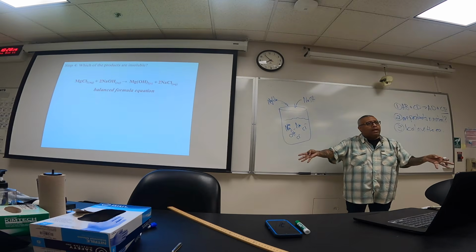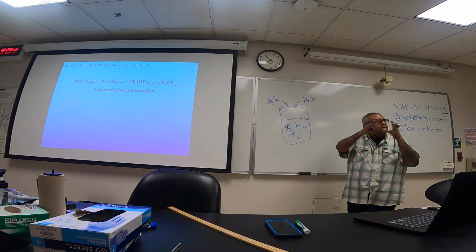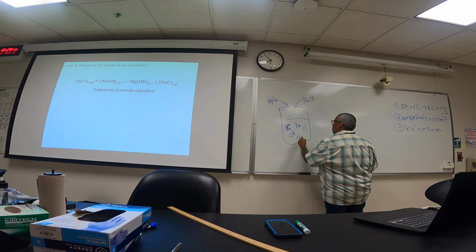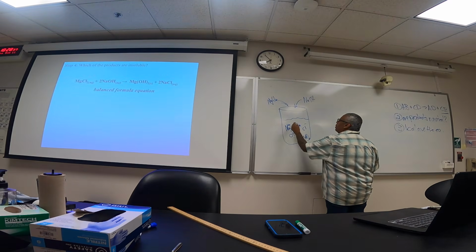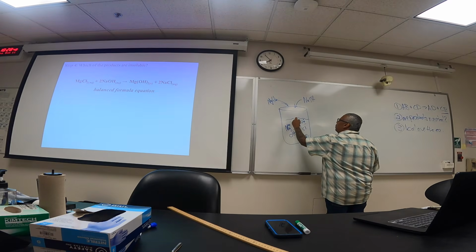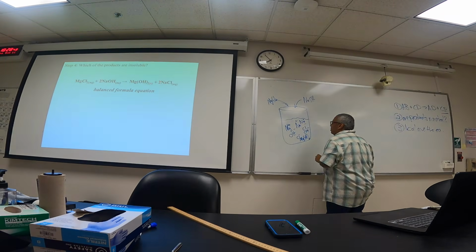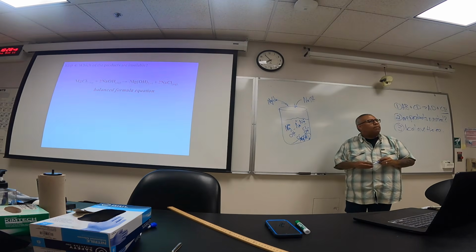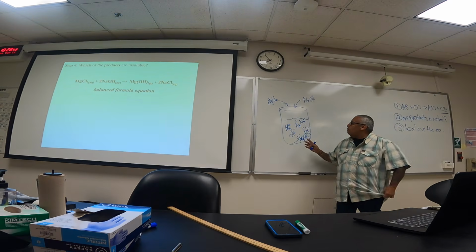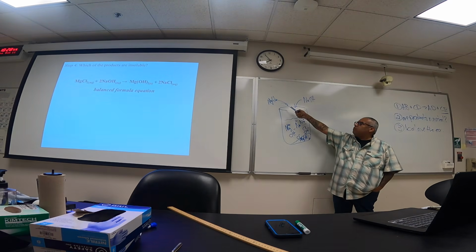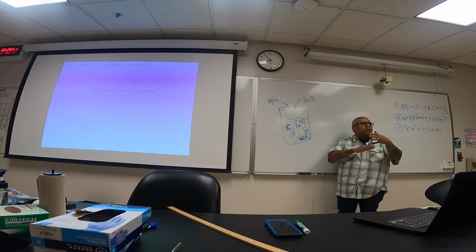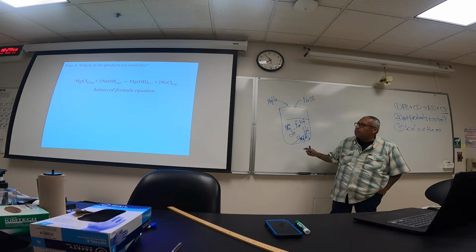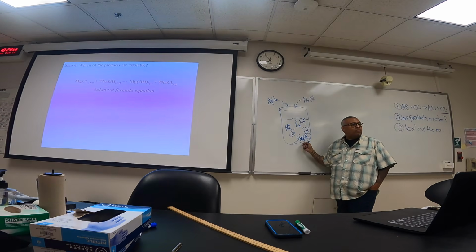They all separate into ions. And then all of a sudden, some of these ions bump into each other. And we end up with this solid clumped at the bottom. So this is the reaction that took place. We put some magnesium chloride together with some sodium hydroxide. They all dissolved in the solution, but at the very bottom we did create a precipitate of magnesium hydroxide.